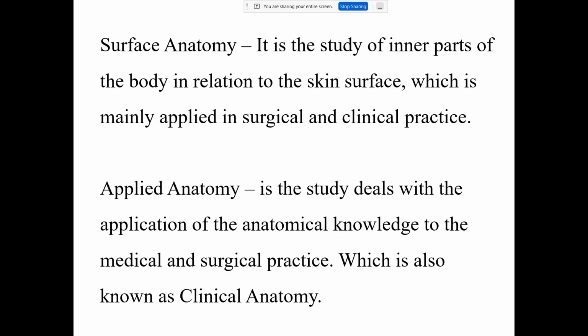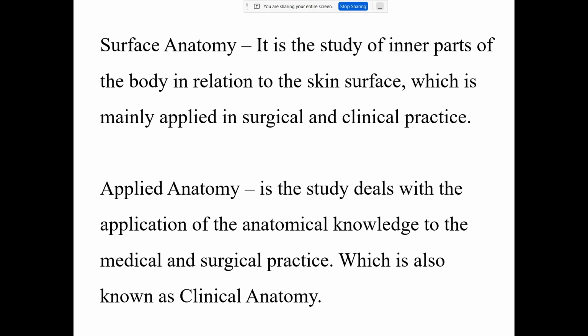This type of study is considered clinical anatomy, and that is usually called applied anatomy. Applied anatomy is very important and very valuable in relation to treatment and clinical work.